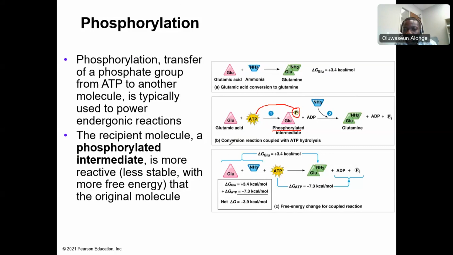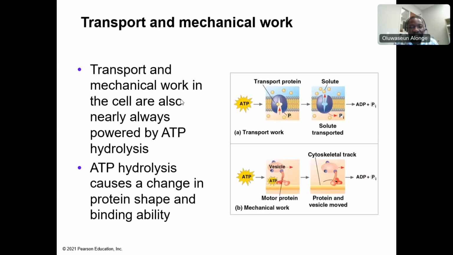By the time you check the delta G of this and the delta G of this and the delta G of this, you see that the answer turned out to be negative 3.9. This is negative, meaning that the reaction is spontaneous. Again, I just want to point to you the spontaneity and non-spontaneity of a reaction.